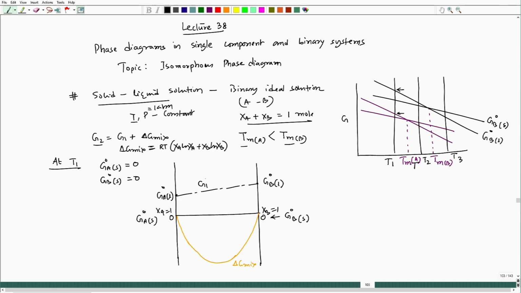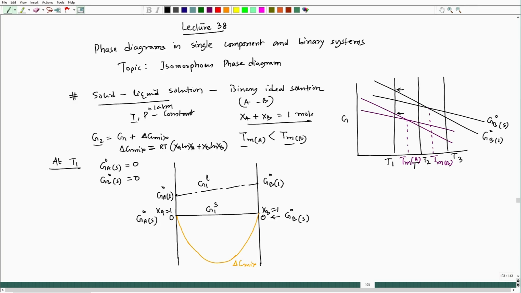This is G1 liquid unmixed and this is my G1 solid unmixed. So, with that G1 at different compositions, I have to keep adding up delta G mix, which is same for both solid and liquid solutions.